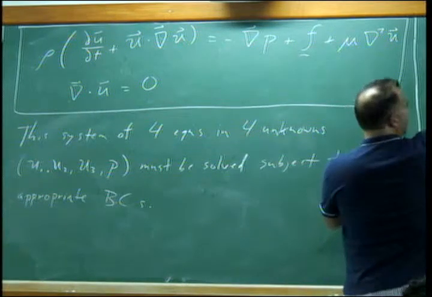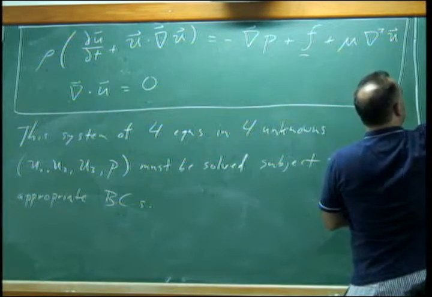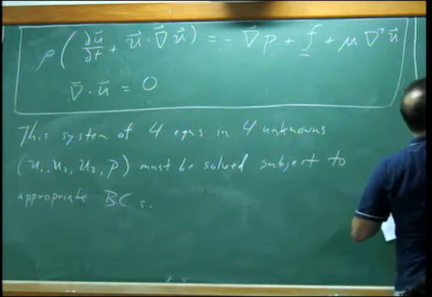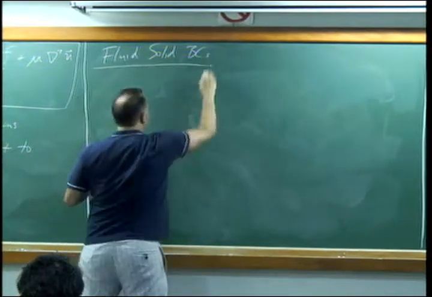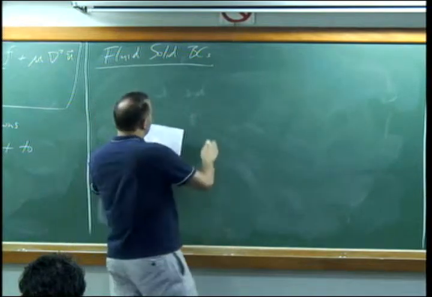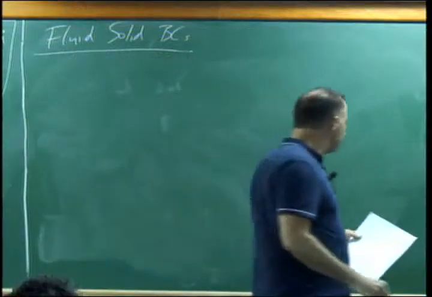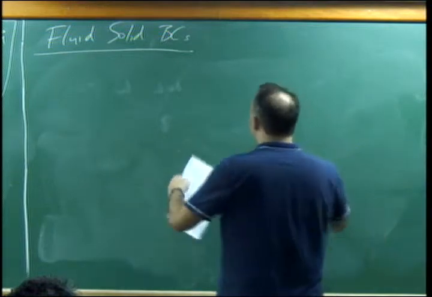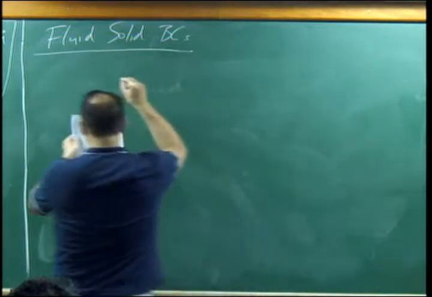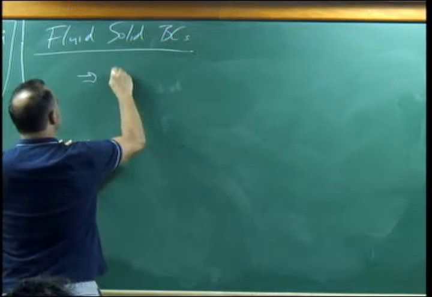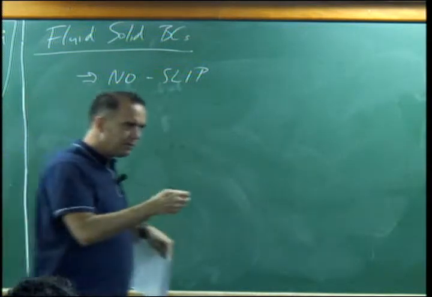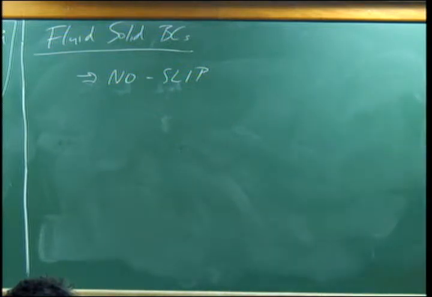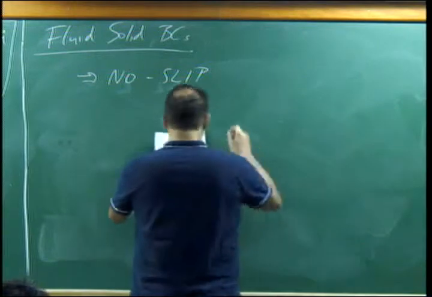So if we have fluid and solid boundary conditions, for example, a sphere falling through a fluid, you have no slip. That is to say, if you have a solid in contact with the fluid, the fluid has to move with the solid at the boundary.